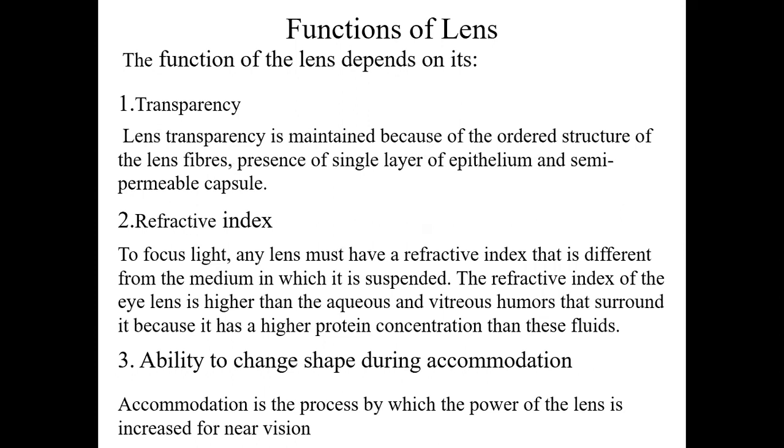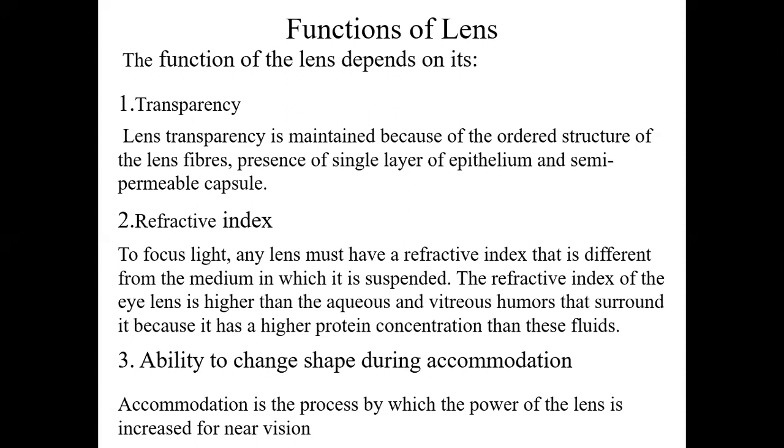So what are the functions of the lens? The functions of the lens, of course, depend on its characteristics, the transparency. Lens transparency is maintained because of the ordered structure of the lens fibers. It has a single layer of epithelium, and it has a semi-permeable capsule.